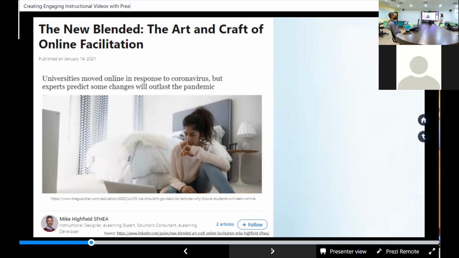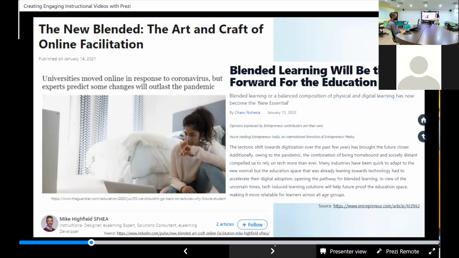So if you were to go online to read, and even any literature, a lot of scholars are saying that the new blend is actually a mixture of what we have done pre-COVID and what we have been doing during the COVID. It is really impossible for us to go back to before.